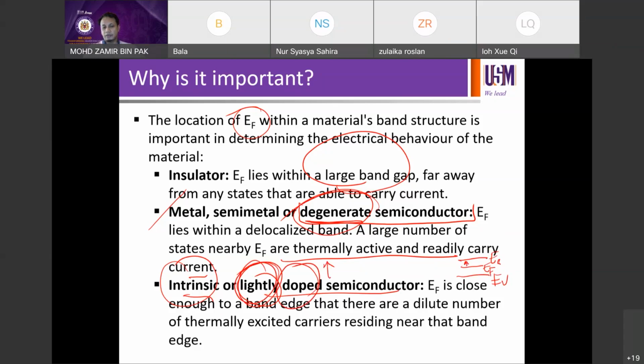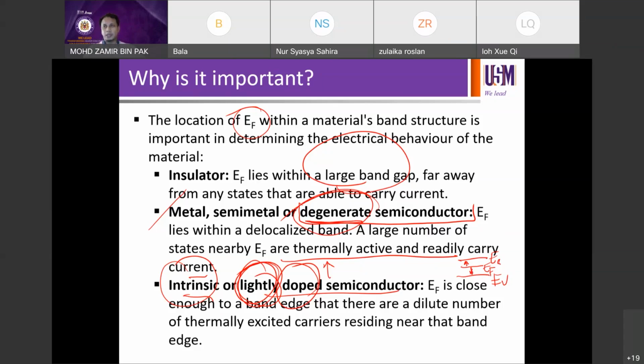On the other hand, if you increase the doping level in the silicon towards P-type, you're going to get your EF moving closer towards EV, right? So this is what's going to happen when you increase the doping level.